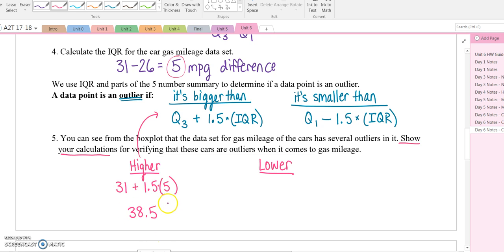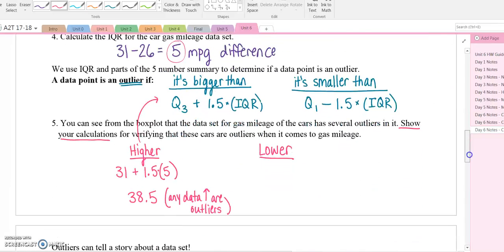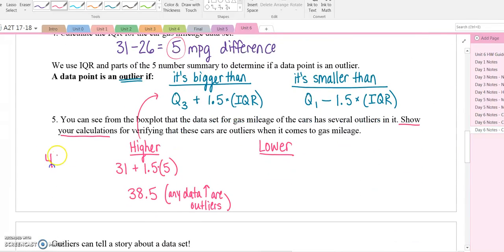And what that means is any data higher than that are outliers. So you can take a look back up at your data and see if there are any bigger than that. Let's see, I see a 40 and a 48. So there are 2 data points right there that are outliers. So I would say 40 and 48 are outliers.